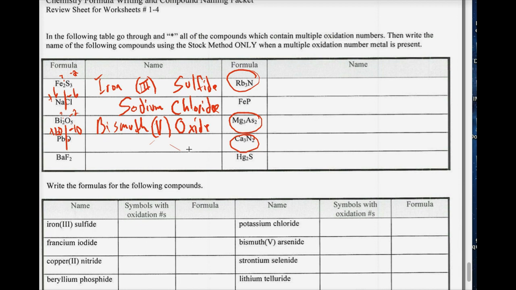So, in summation, for the representative compounds, you don't need the Roman numerals, which is called the stock naming system. You can just write the name, just like the sodium chloride or my barium fluoride.